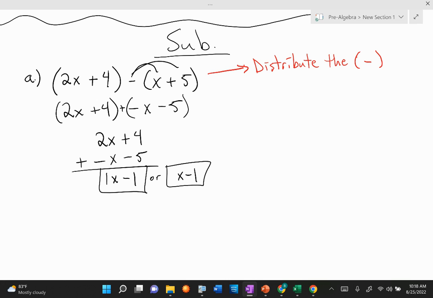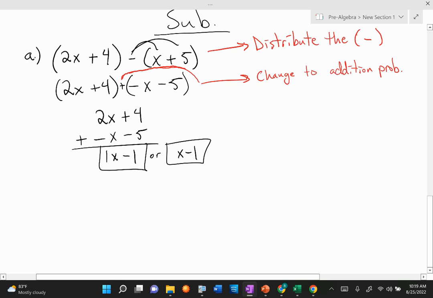Okay, distribute the negative. Then change to addition problem. And when I say change to addition problem, I'm talking about adding that in right there. Okay. Then you just use vertical method.